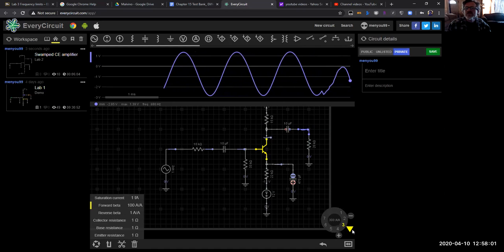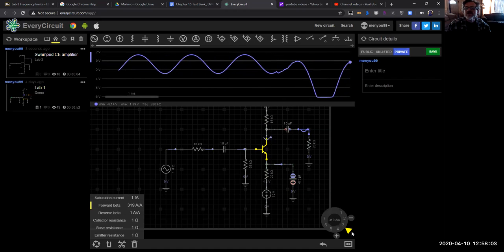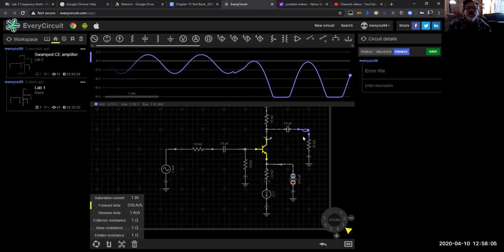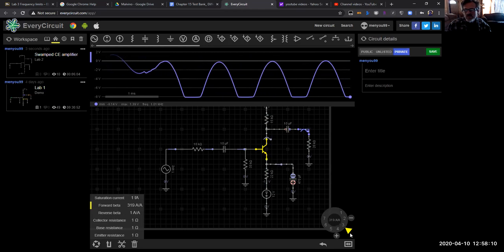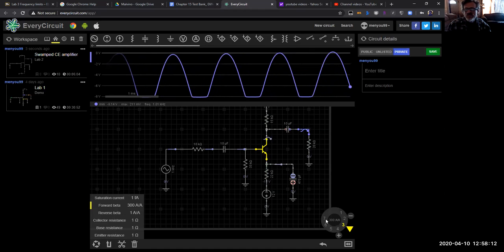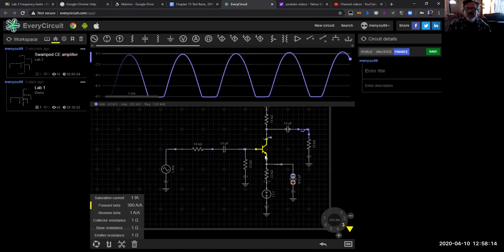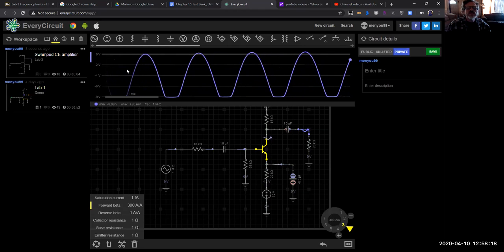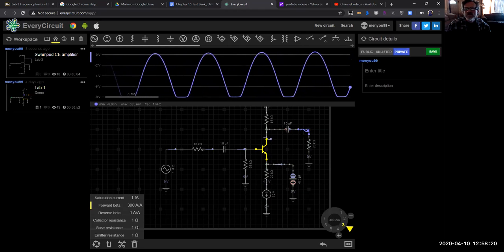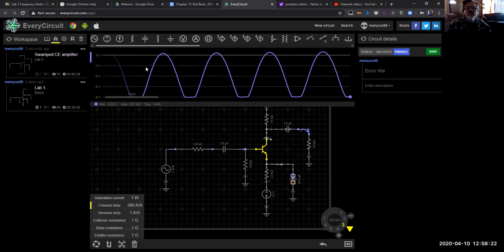What happens? Yeah, you can see there's definitely a change. So now I have changed this, and now I'm experiencing clipping. But let's say we go to the upper limits of the 2N3904, which could be a beta of 300. And in this case, now we've literally fallen down below the 0 line.